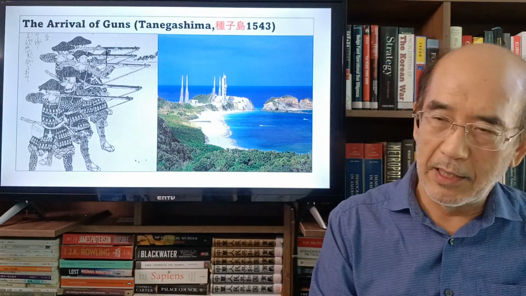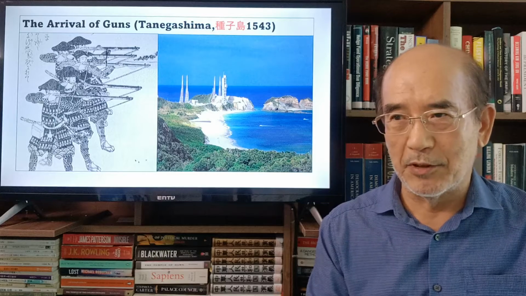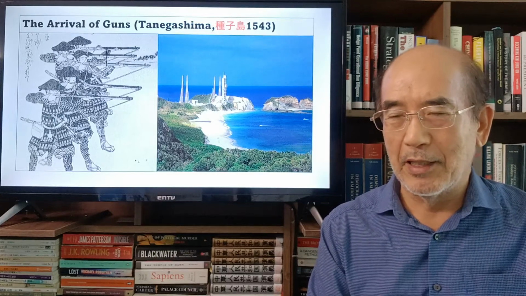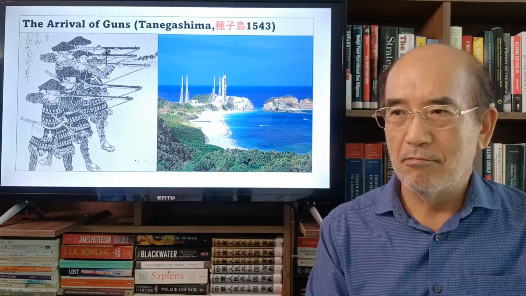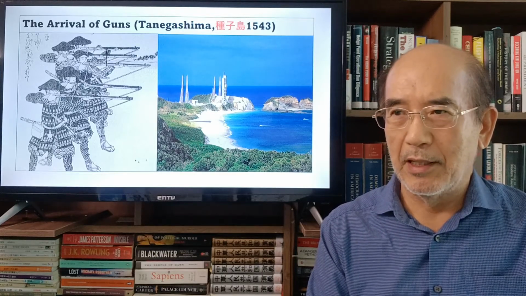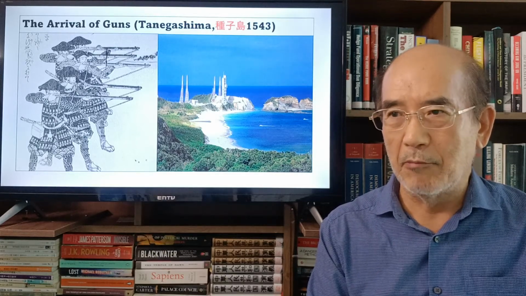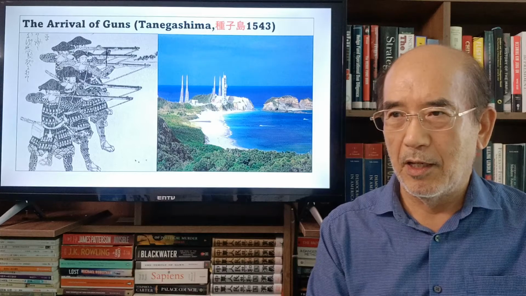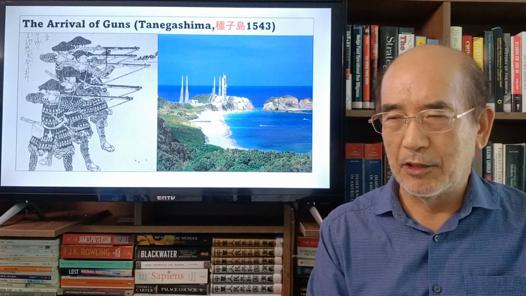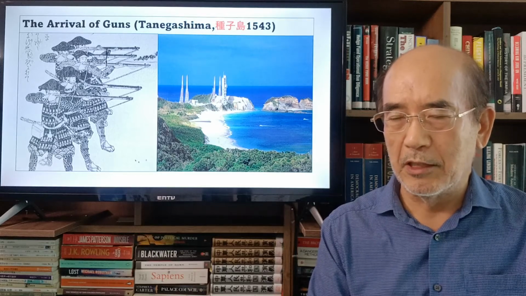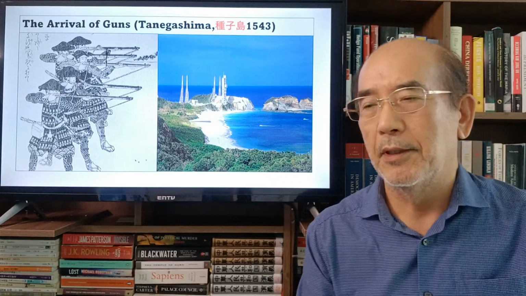On the left side is the Japanese samurai, now equipped not with Japanese samurai swords but with guns, and that made Japan build, in a sense, a modern army system before any Asian countries.